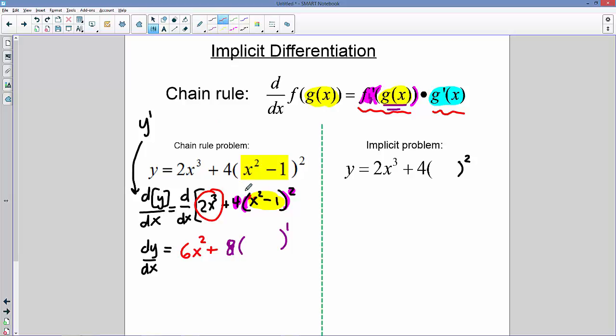And then, of course, I'm going to put x squared minus 1 in here. I'm going to leave it in there. That's still g, so I haven't changed that. And then if you go back up here, we have to multiply it by g prime of x. So here's g. So g prime of x is going to be 2x.